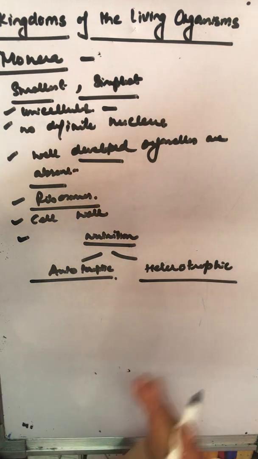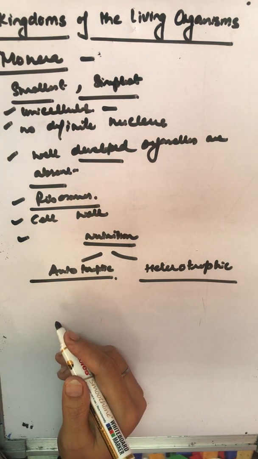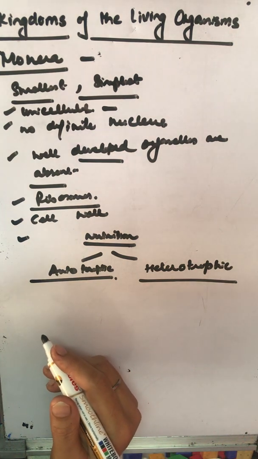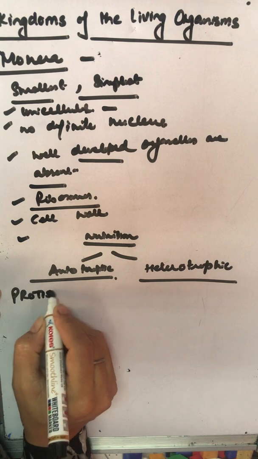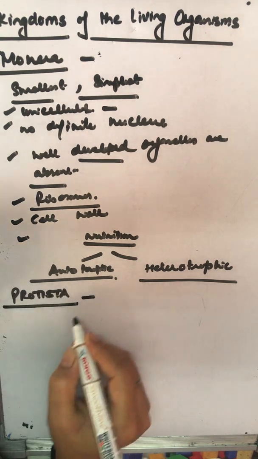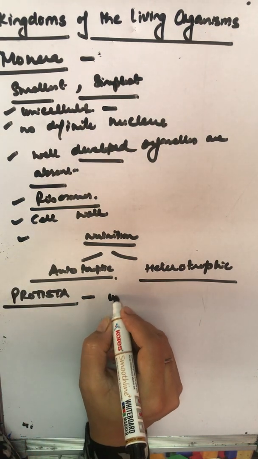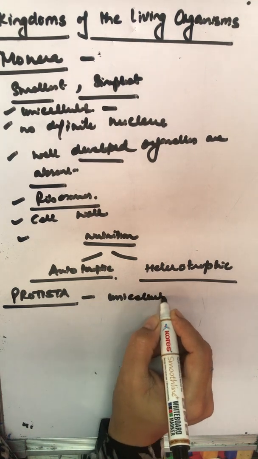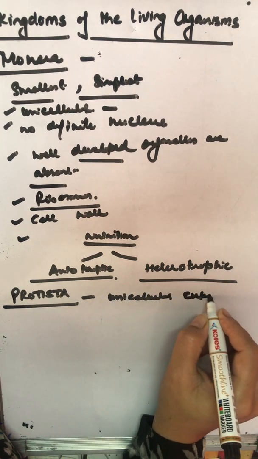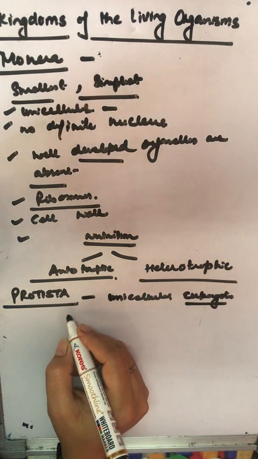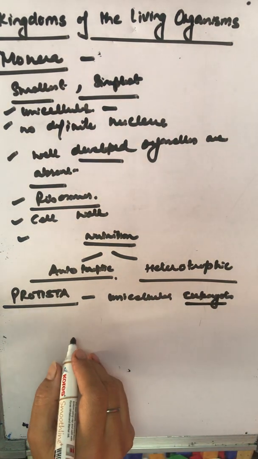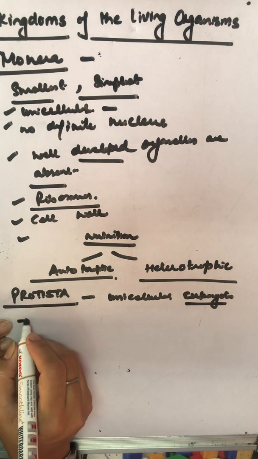Then further moving to the next classification point, that is the Protista. In Protista, we say these are unicellular eukaryotes, means they have a nucleus which is developed enough. They are aquatic, mainly live in water.